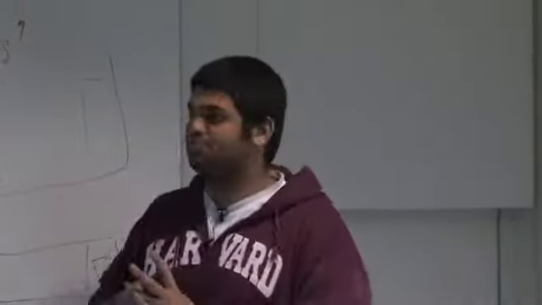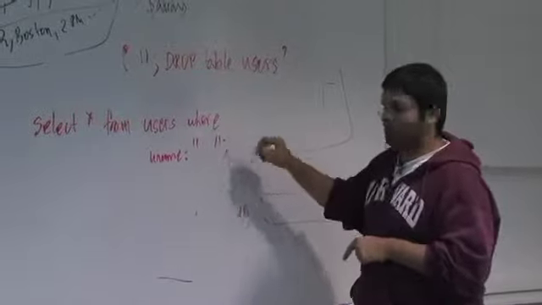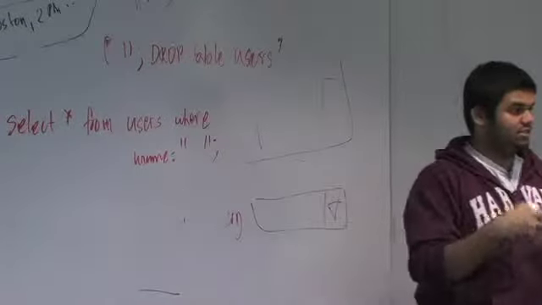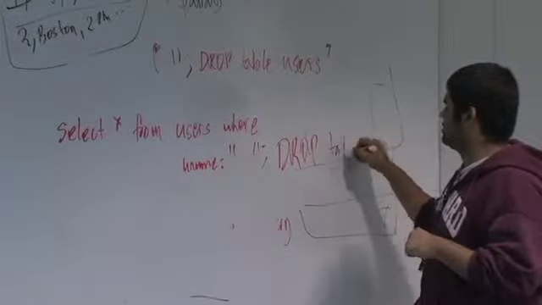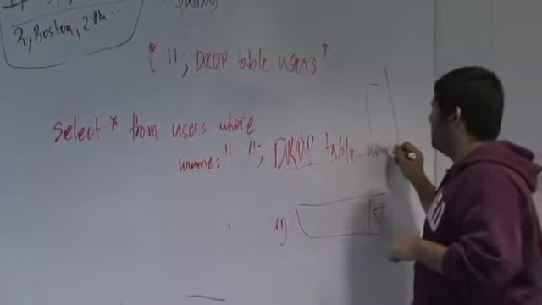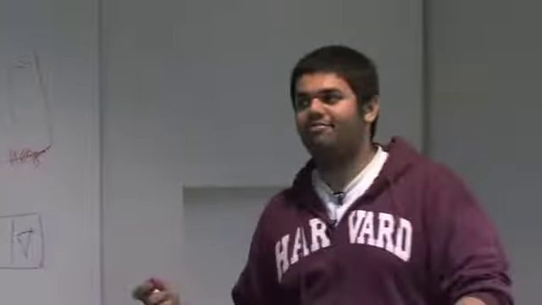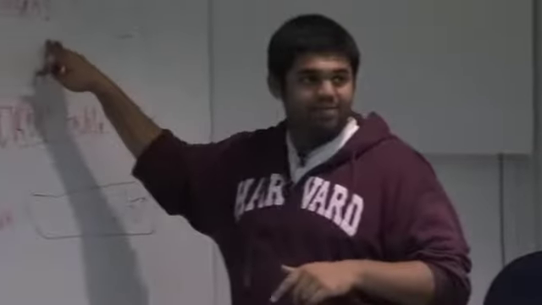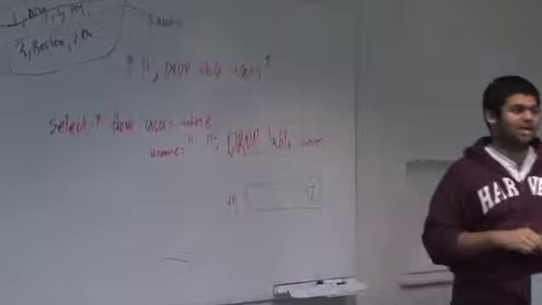Without sanitizing it, if you just plug this in, you will close this quote, then put a semicolon, which means the start of a new SQL command, and say something to the effect of drop table users. Drop table users is the syntax that you use to drop an entire table. More often than not, a table that stores usernames and passwords is probably going to be called users. So without sanitizing it, letting them do something like this is obviously very bad because they've just dropped your table.